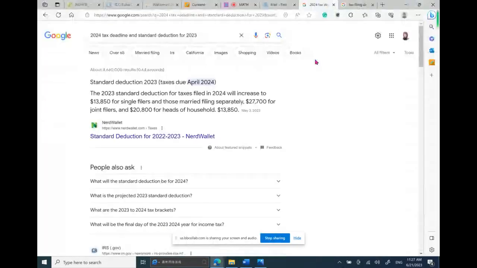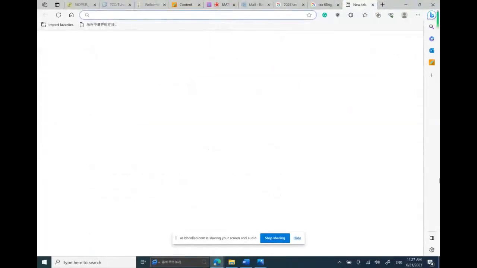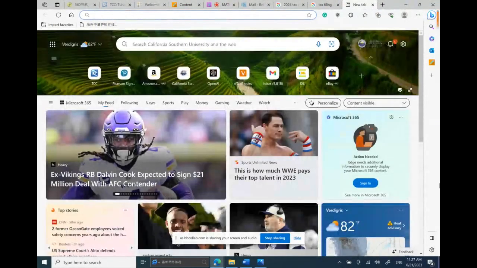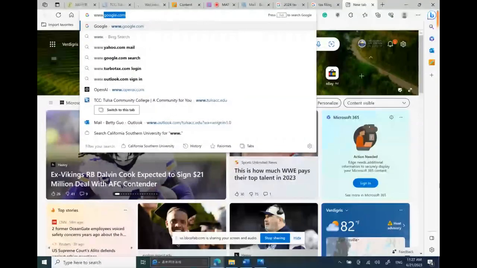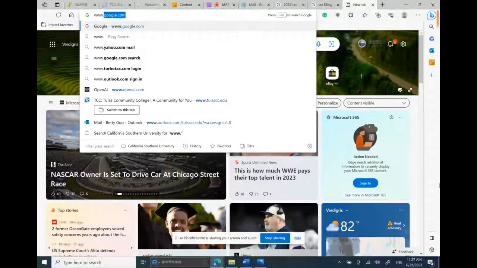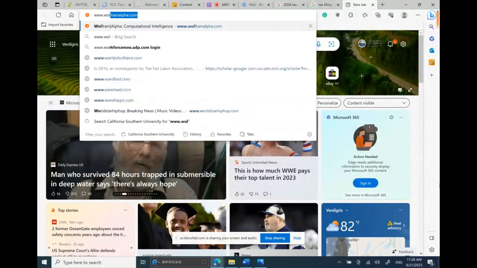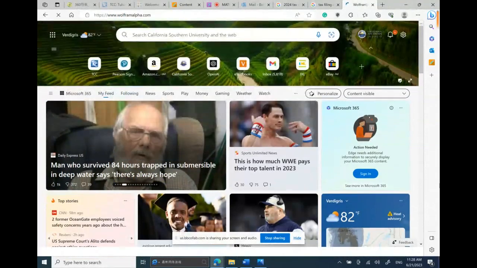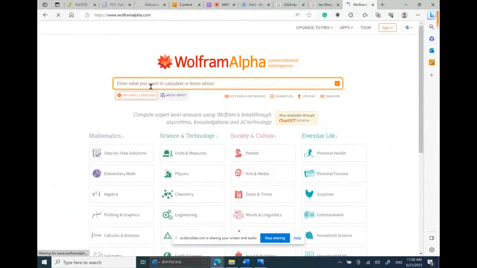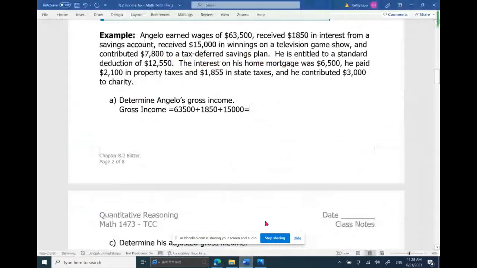I'm going to introduce a website. Even if you are not using it during the test, you can use it when you do your homework. It's called Wolfram Alpha. It's just very convenient for me.